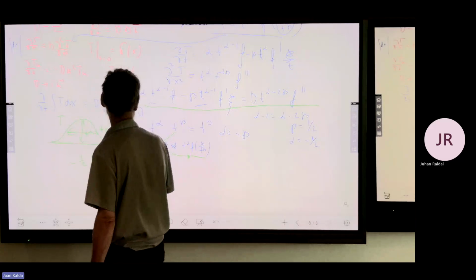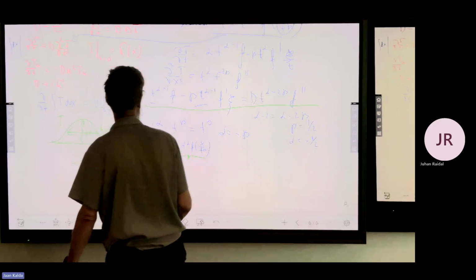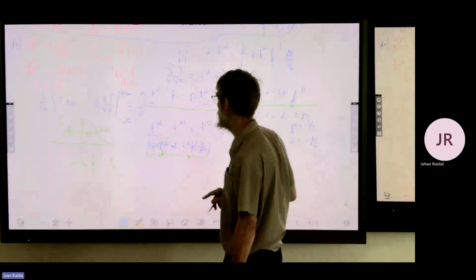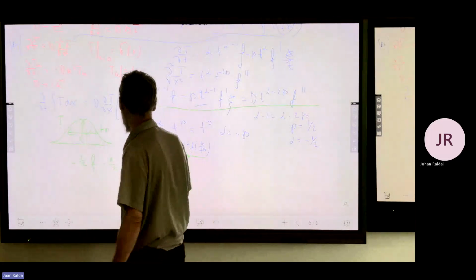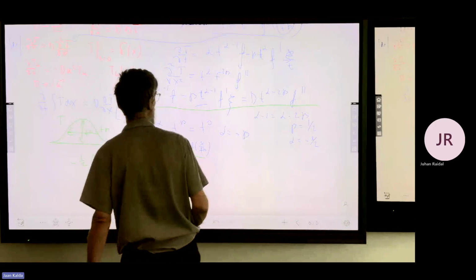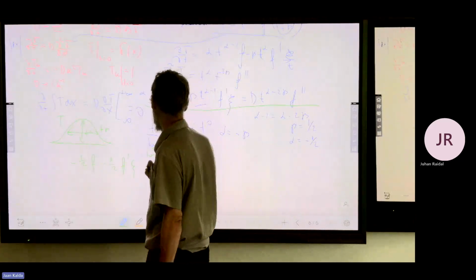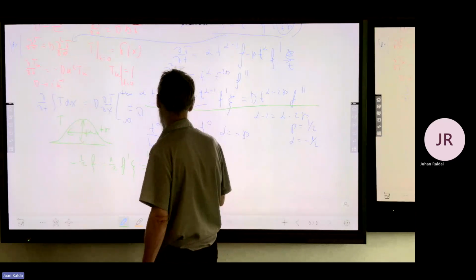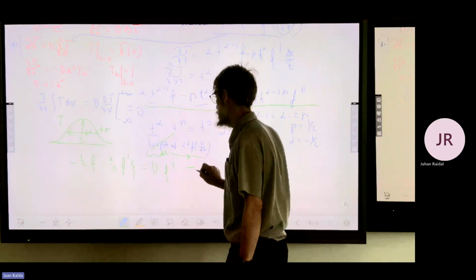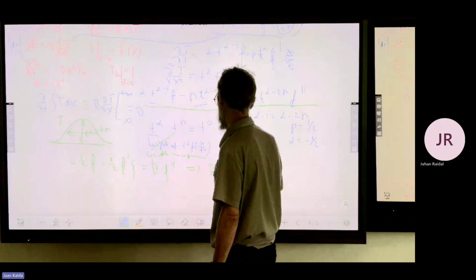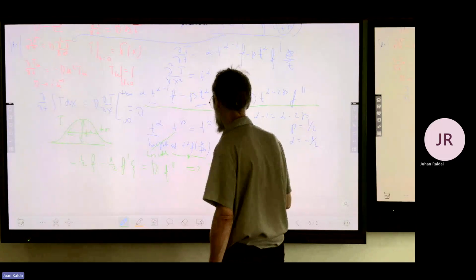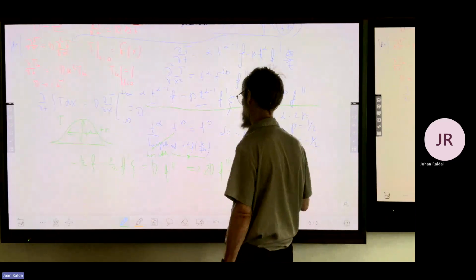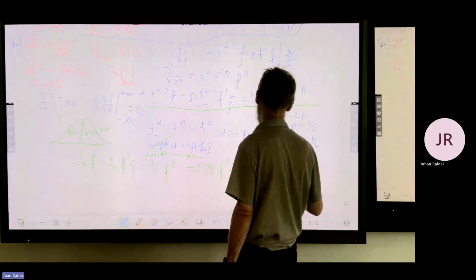Still minus 1/2, but these drop out, right? Because of this condition, I don't need to worry about these. Then it will be f prime times psi, and all that equals D times f second derivative. Or we can rewrite it as D f second derivative plus 1/2 f derivative psi plus f equal to 0.